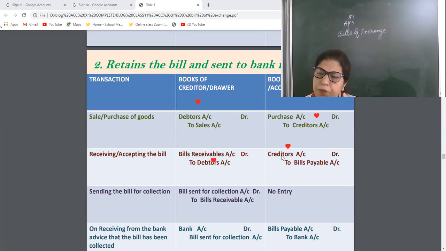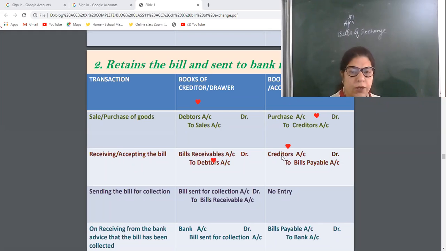It means if the drawer is very busy, very much overburdened, then what does he have to do? Maybe he will forget the date of maturity, and maybe the bill may be lost. Then in that case, what option is available? The drawer can send the bill to the bank for collection. Bank will collect it and give the payment.